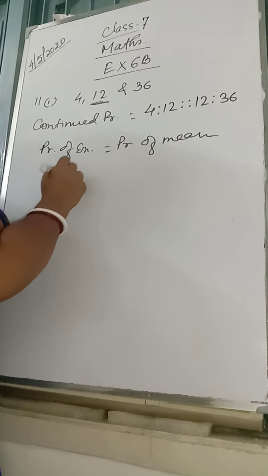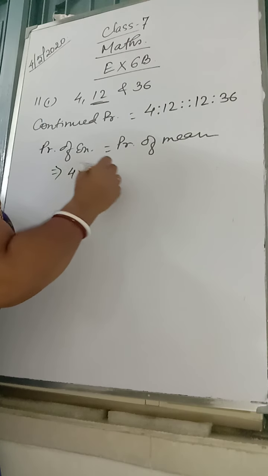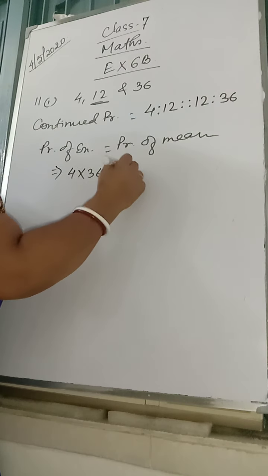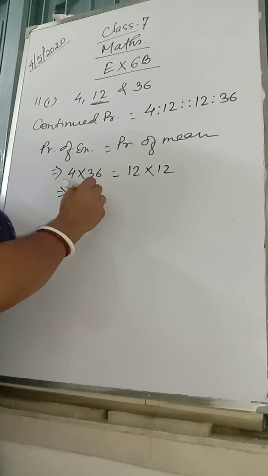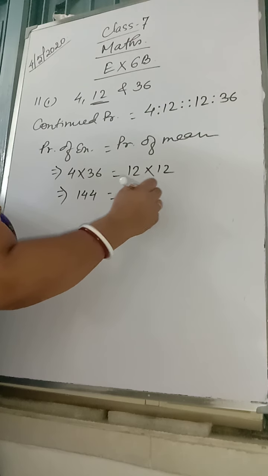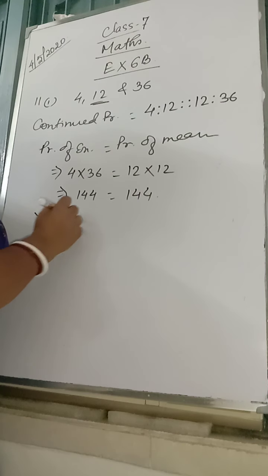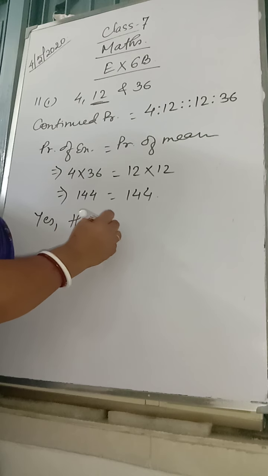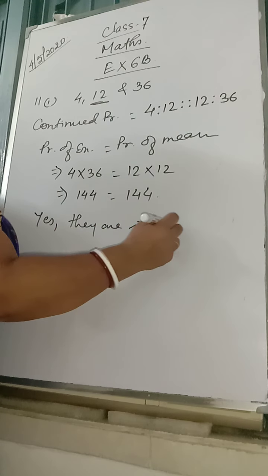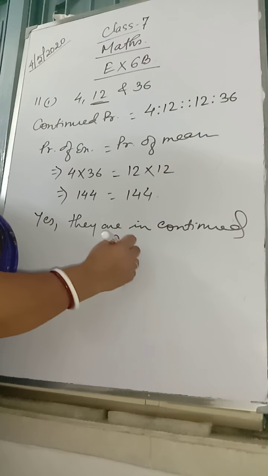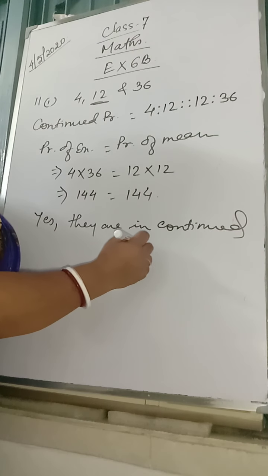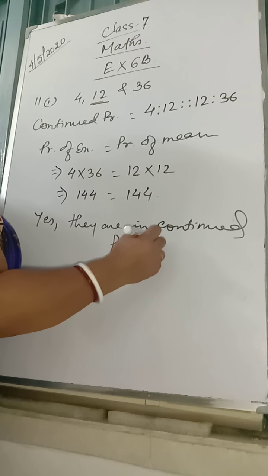So therefore we will be writing 4 into 36 is equal to 12 into 12. It is 144. It is 144. So we'll write yes, they are in continued proportion.